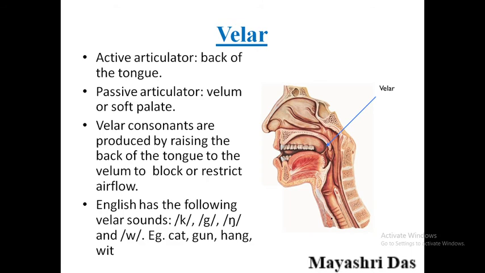Here the active articulator in this kind of sounds is the back of the tongue, and the passive articulator is the velum or the soft palate. English has the following velar sounds: k, g, ng, and w. For example, these words have some of these sounds: cat, gun, hang, the ng in hang, and wheat.